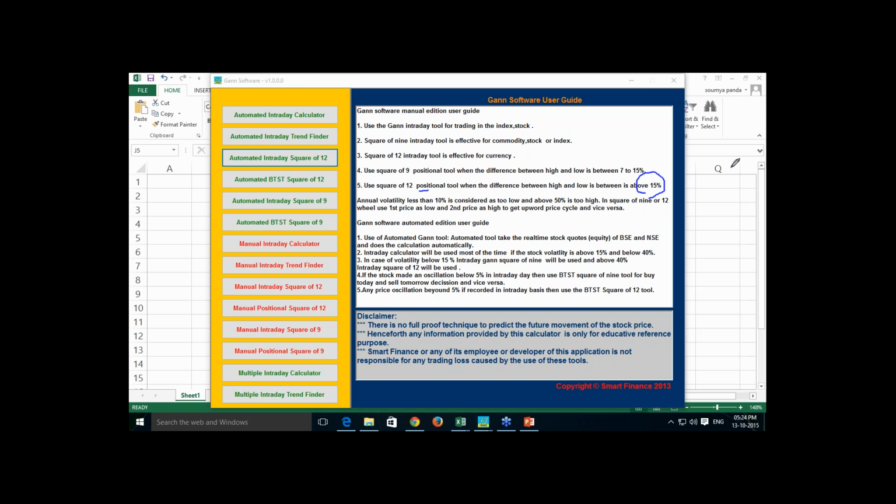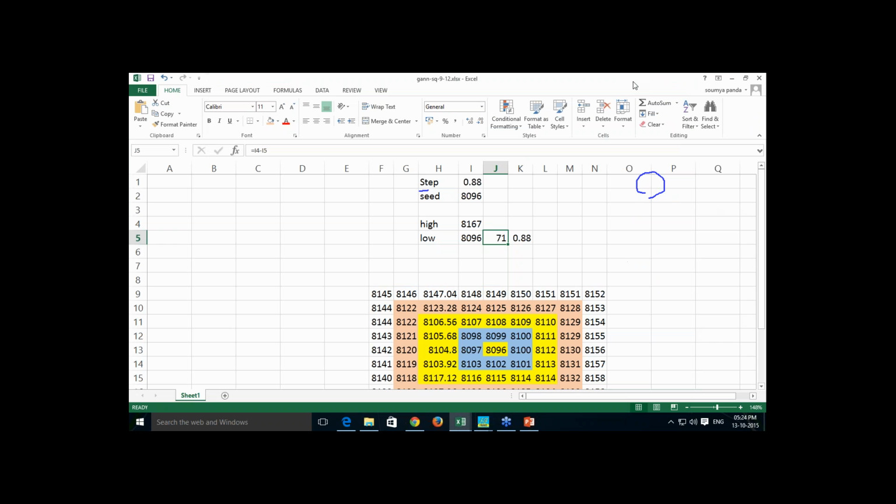The difference between the dynamic principle and static principle is the price point being considered for calculation of your steps. In static principle it is taken as the high and low difference. In dynamic principle the price range taken for step calculation is from the volatility. That is the basic difference.